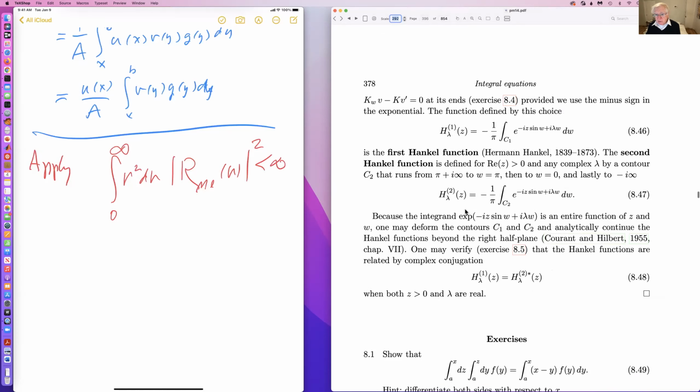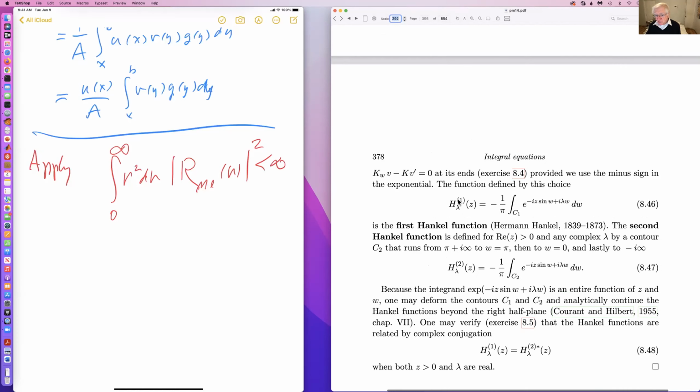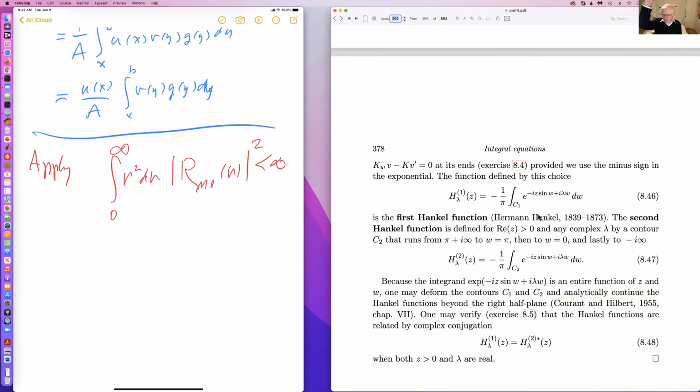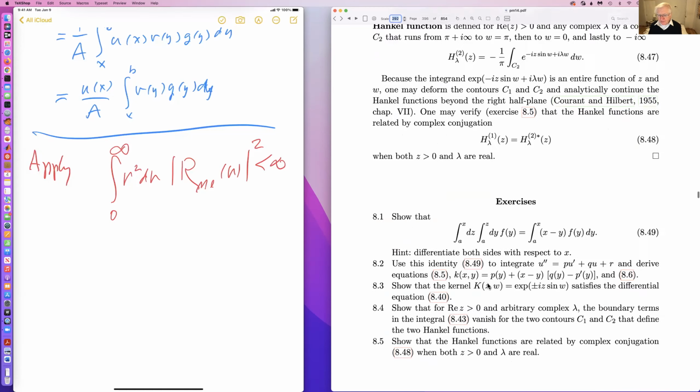Anyway, what happens is you can express the most general Bessel functions then as integrals in the complex plane, and these are integrals that run basically up an imaginary axis.